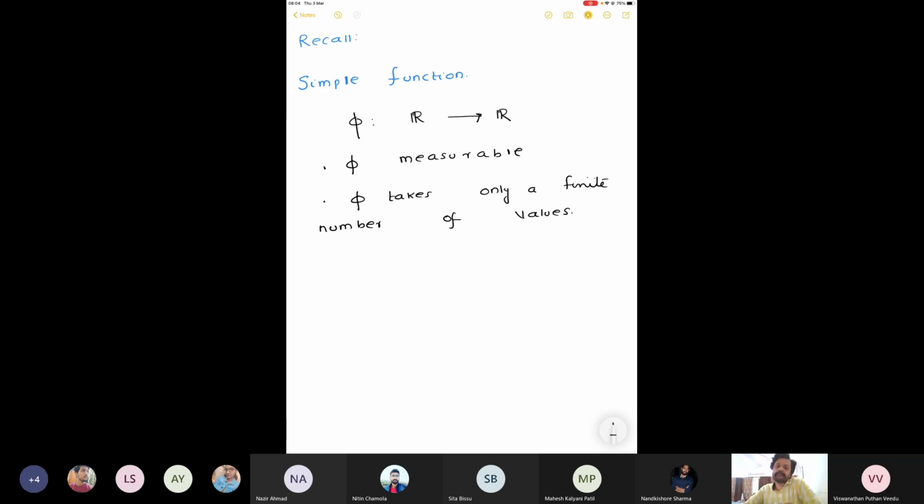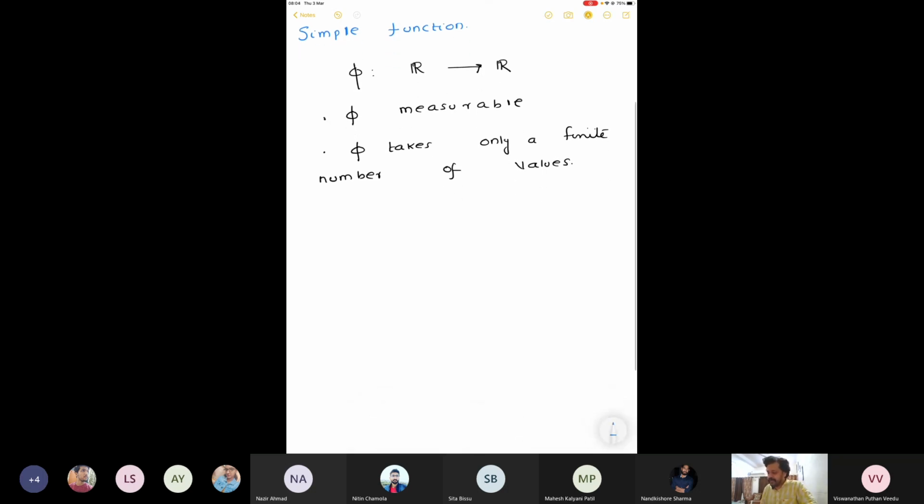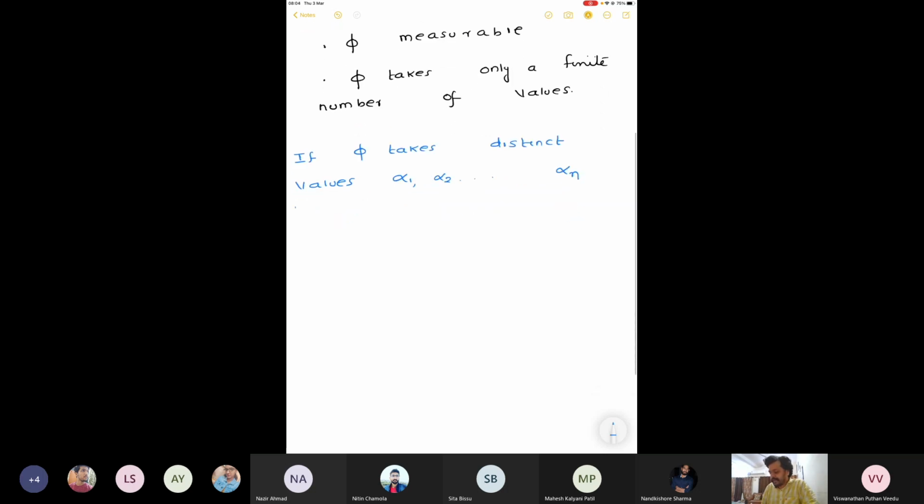Then we went for a representation of phi. Mainly we dealt with the so-called standard representation or canonical representation. If phi takes distinct values, let us say alpha 1, alpha 2, and so on up to alpha n, then phi has a nice representation as a linear combination of characteristic functions.